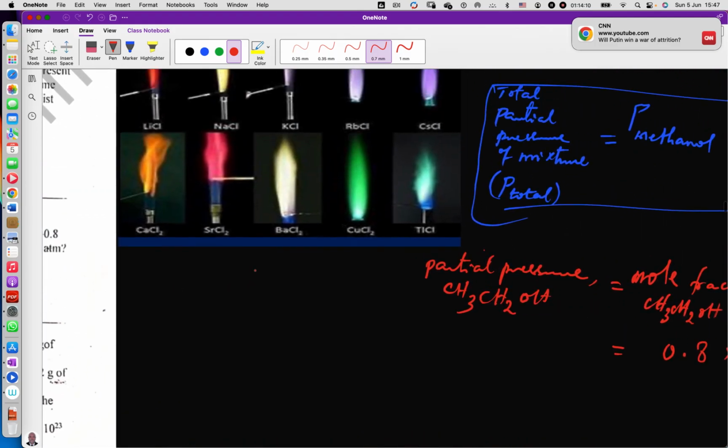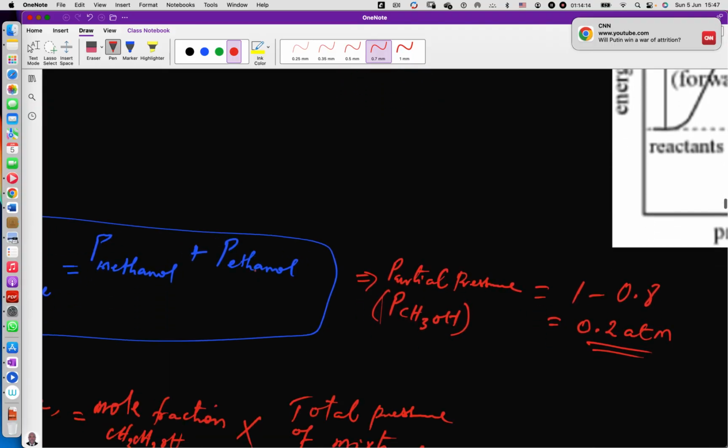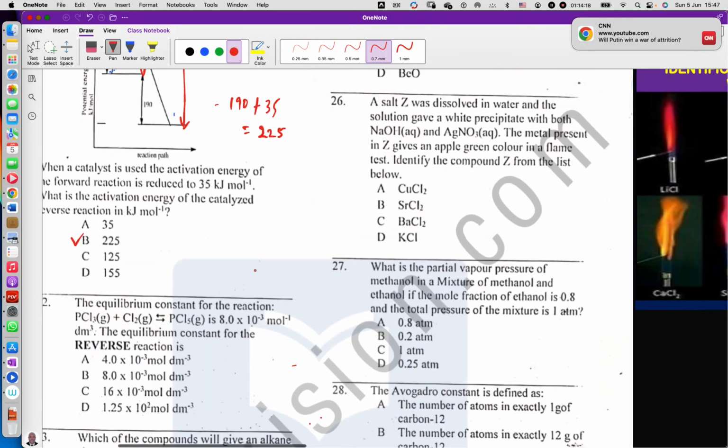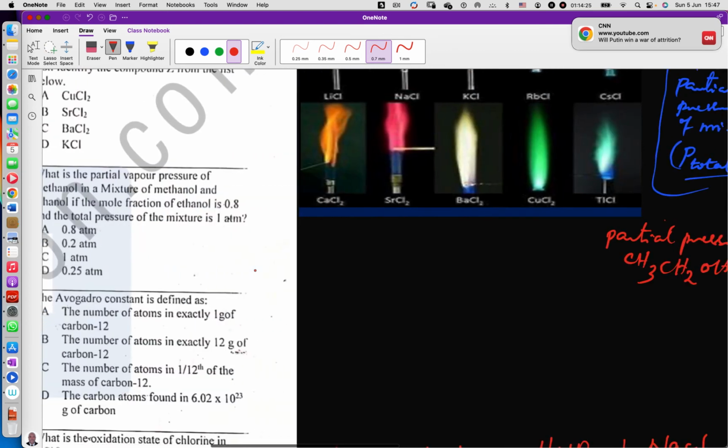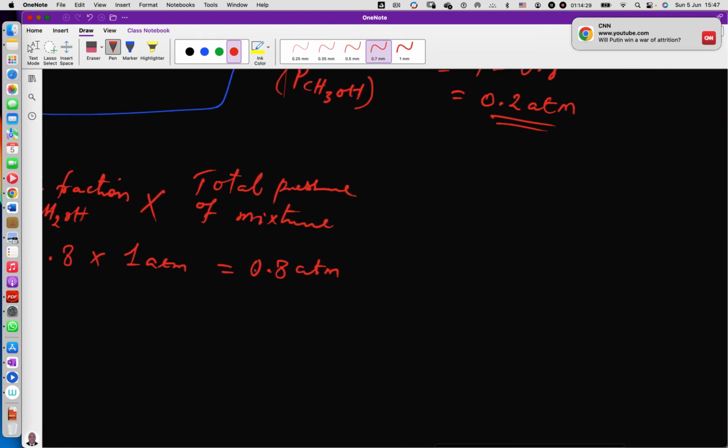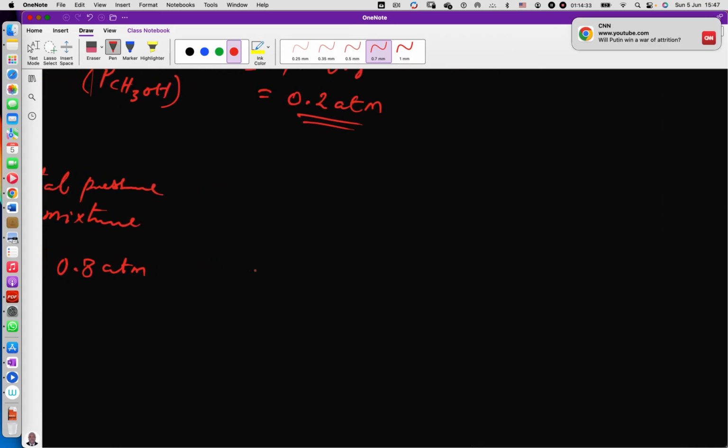If you have not done it, the equilibrium constant for this reaction is Kc, and Kc is equal to 8.0 times 10 to the minus 3 per mole dm cube.